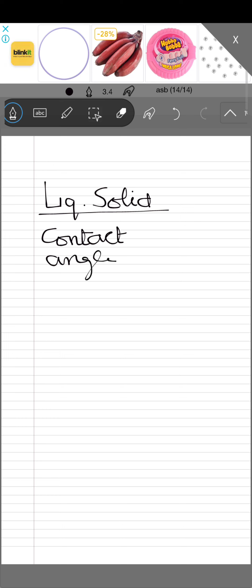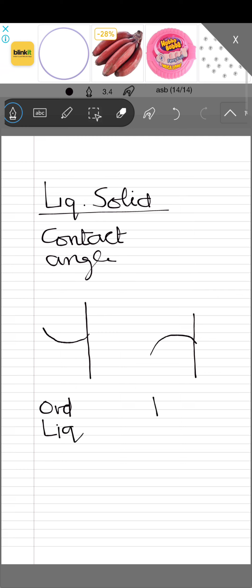Now you might have seen that if you put a liquid in a vessel, the liquid may take shape like this, or it may take a shape like this. Ordinary liquids usually have a shape like this, and liquids which are a little bit thicker actually form a convex shape. So this is for ordinary liquid, whereas this one is for liquids like mercury, Hg.